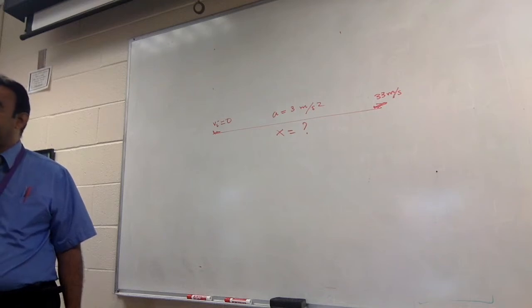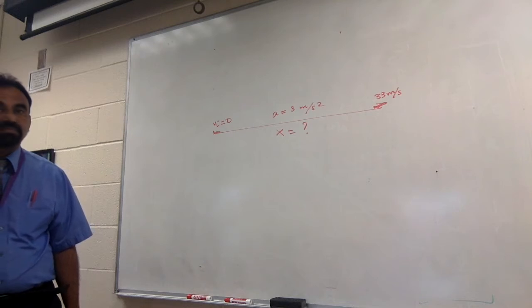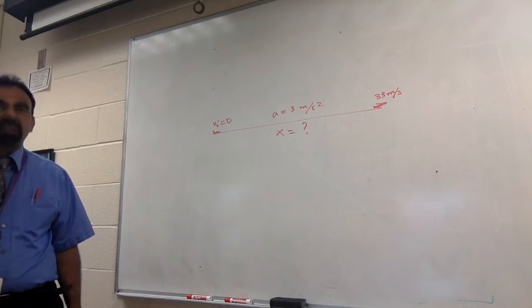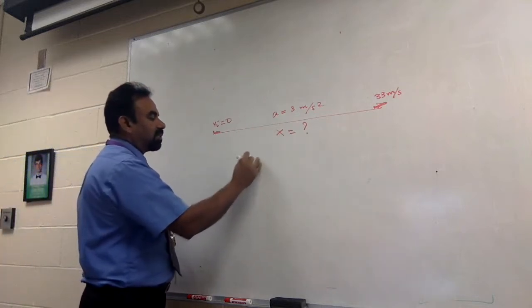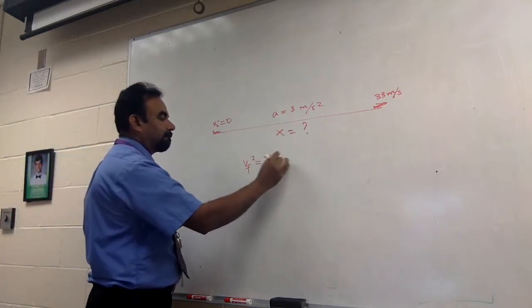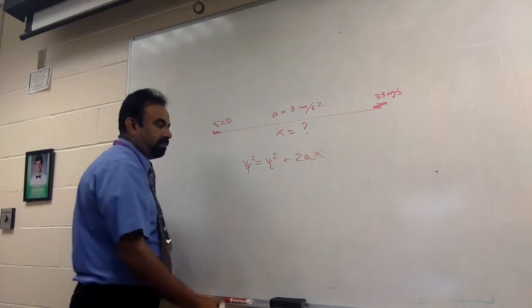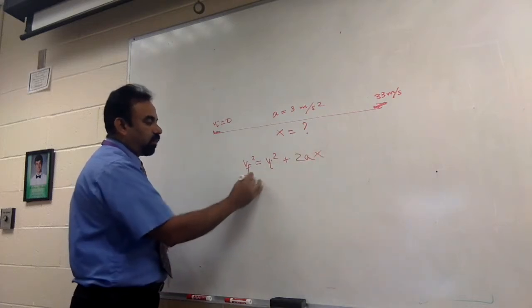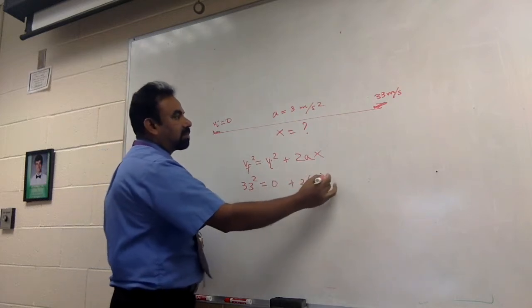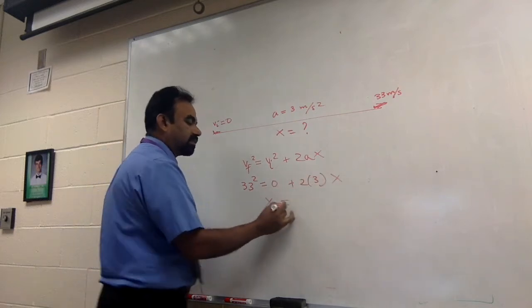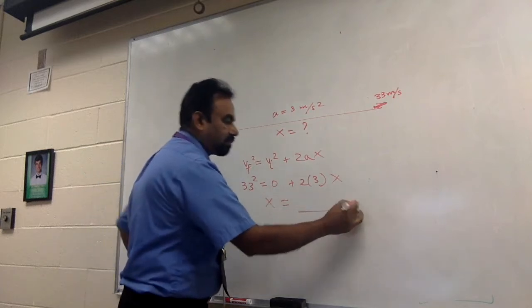Which equation will be applied here? What's missing? The one without time. So pick up that equation without time. And then Vf squared, 33 squared, is equal to 0 plus 2 times 3 times x. So find out x. How many meters is it?